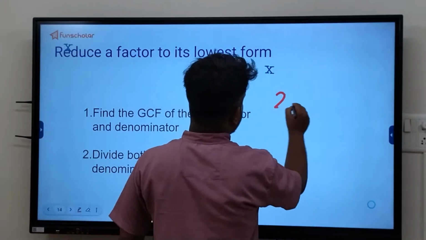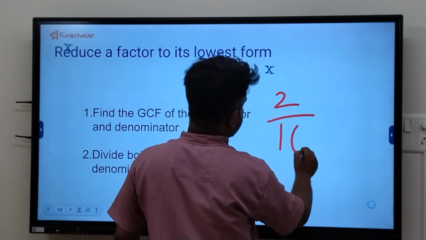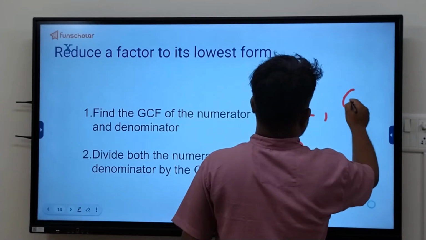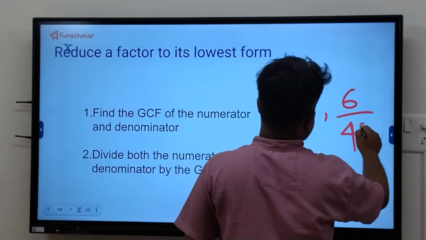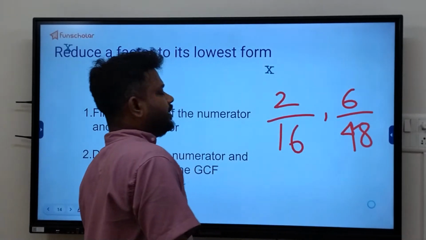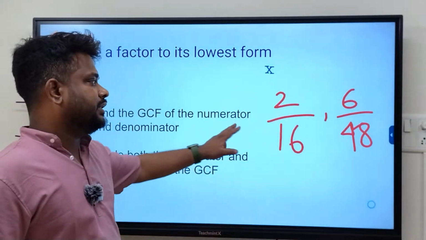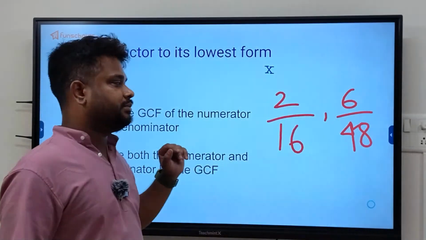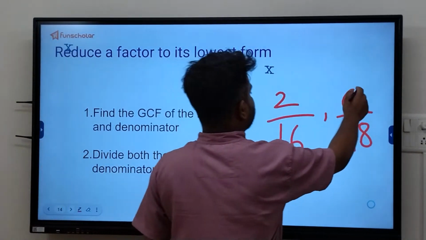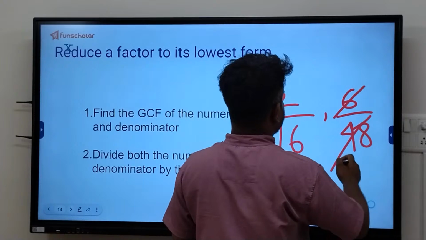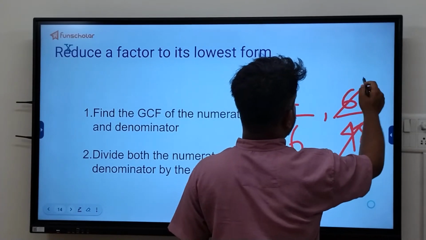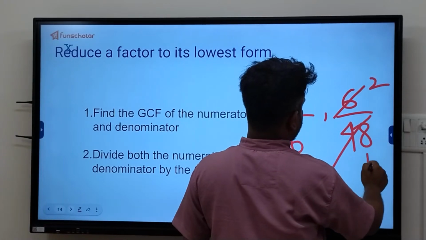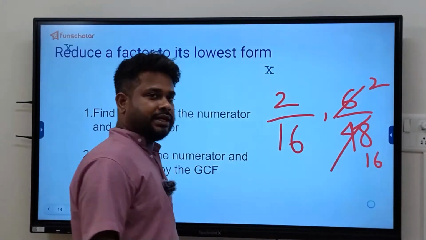Just like if I write 2 by 16 and 6 by 48, these two fractions are equivalent fractions and they have the same decimal value. 6 by 48 can easily be turned into 2 by 16 if I divide it by 3, the same value.